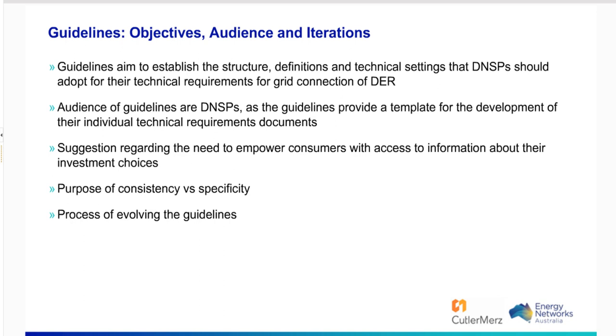And so there was a lot of challenge and iteration to be worked through in coming up with the technical settings so that we can balance those two elements of specificity versus consistency.